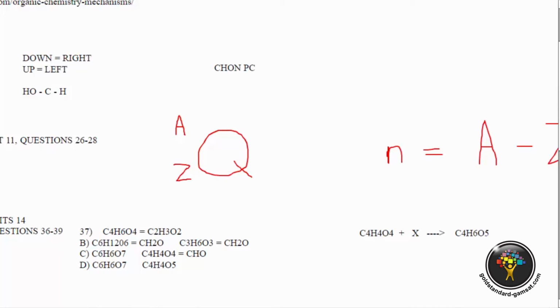We have fumaric acid on the left-hand side, and it's making malic acid on the right-hand side. And hopefully you can just see what's missing here. What's missing is there's 2 hydrogens missing on the left side, and there is 1 oxygen missing on the left side. So that means we should put some water on the left side.